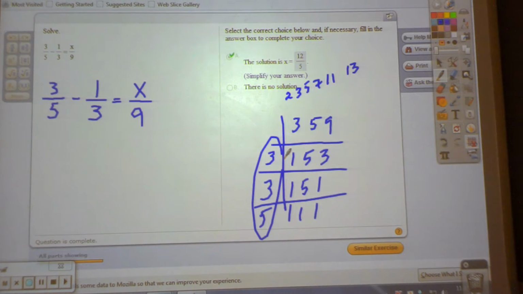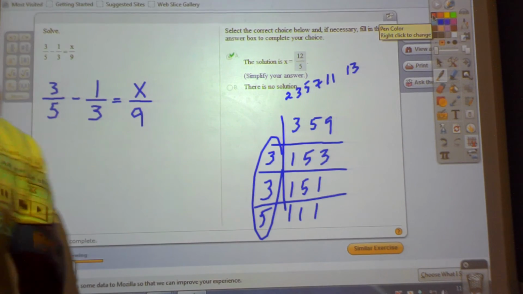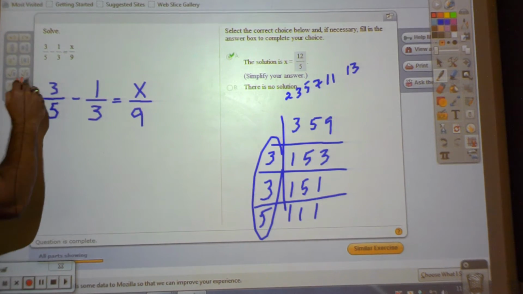5? 45. So I'm gonna multiply it through by 45 over 1.